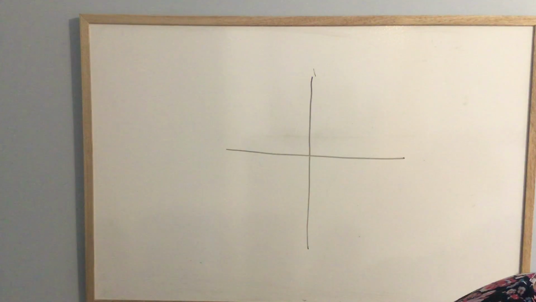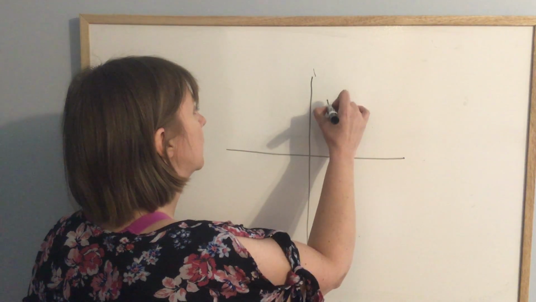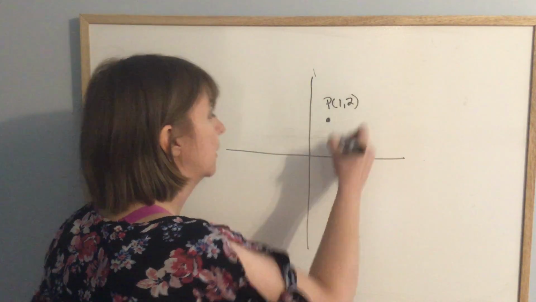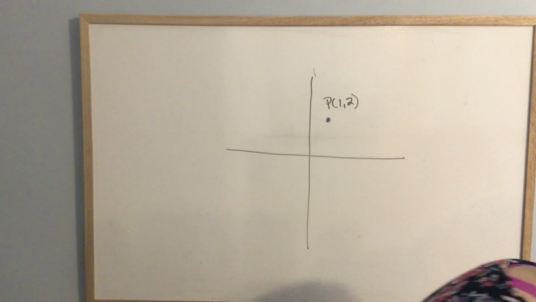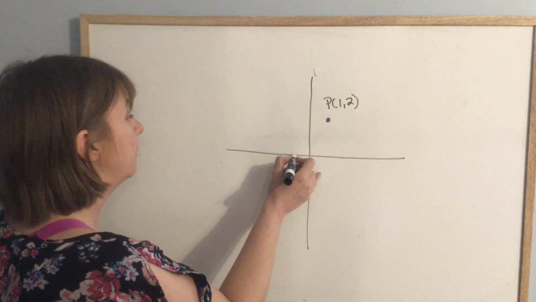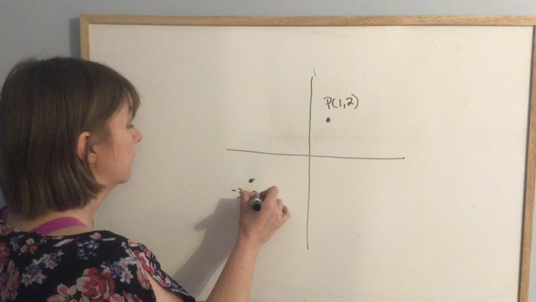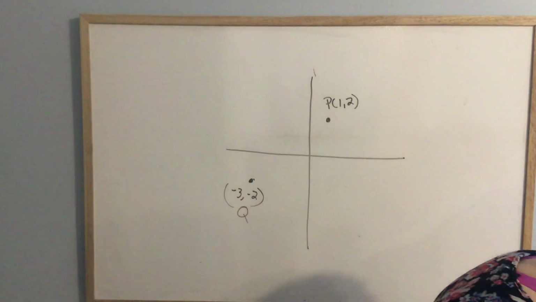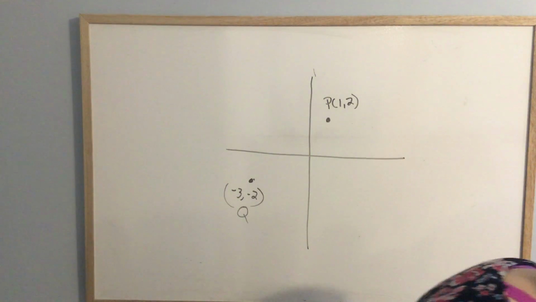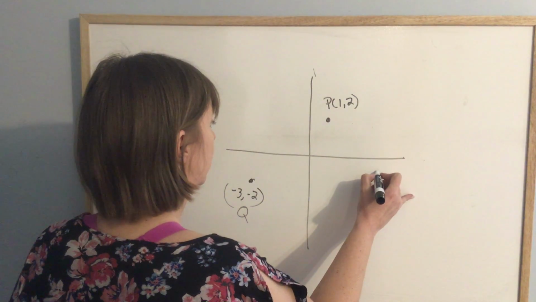So point P is at (1, 2), over 1, up 2. And point Q is at (-3, -2). So back 3, down 2. And point R is at (3, -1). So over 3, down 1.